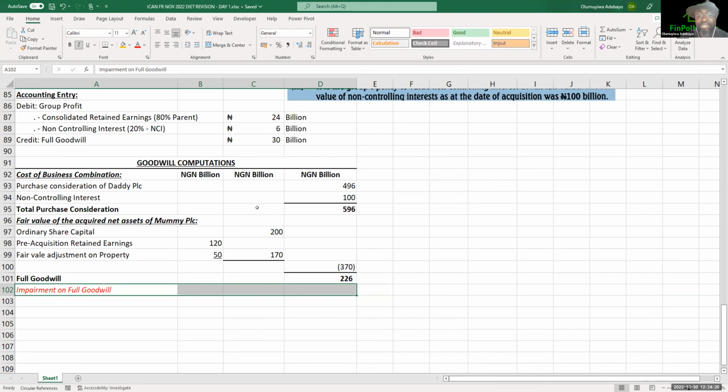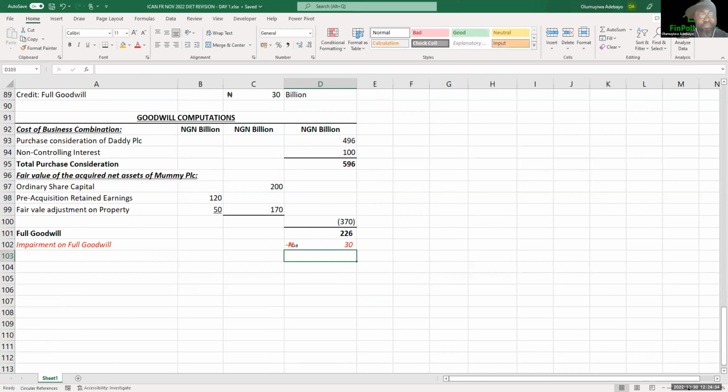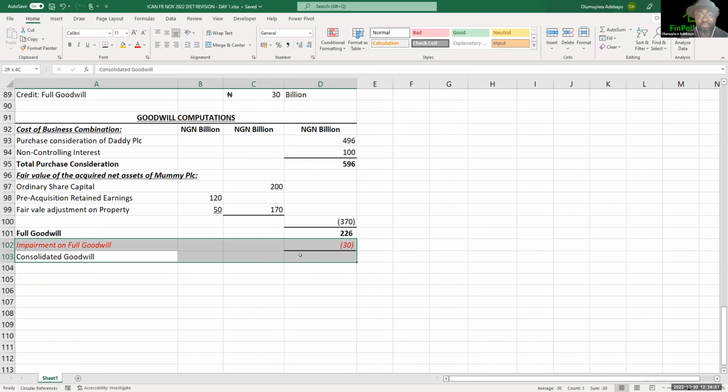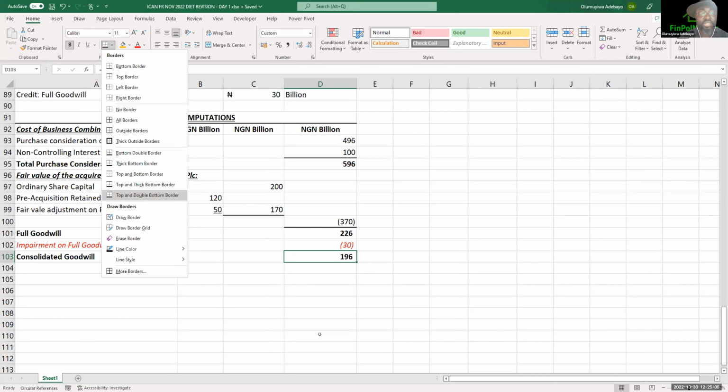Recall, we said here it has been impaired by 30, which then means that by that 30, what's now our consolidated goodwill, which is the goodwill as at reporting date. It's 196. Okay, that is that. Any other question here? Which means our full goodwill is 226, but after impairment, it becomes 196.